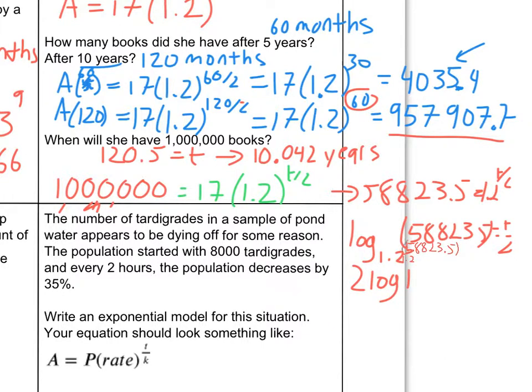And if you have a calculator that can do that, what we do is we do log base 1.2 of 58,823.5, and that's going to be times 2. And when I do that, I get 120.47 is equal to t. Based on what we had, 120.5, we did a really good job with guessing and checking.